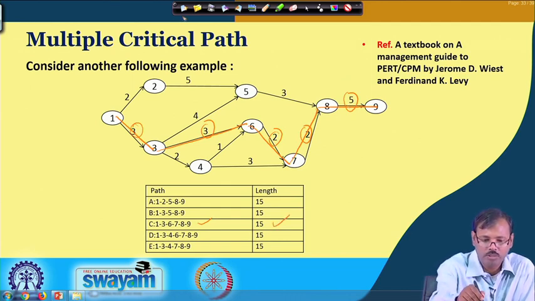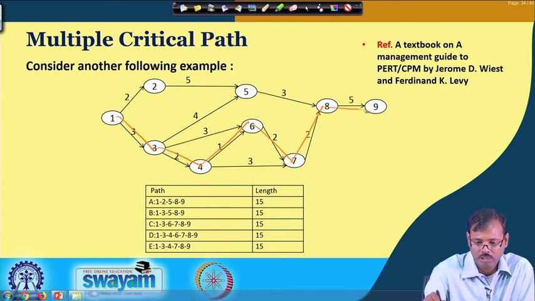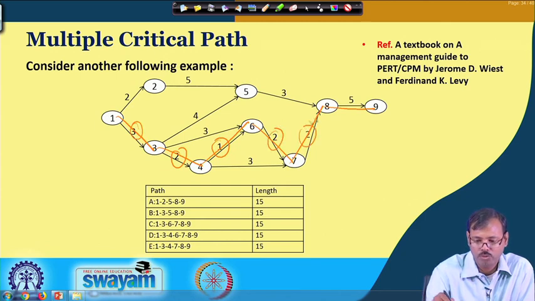So, this is 15. We can have the D path 1, 3, 4, 6, 7, 8, 9. So, this is 3 plus 2 plus 1 plus 2 plus 2 plus 5. So, 3 plus 2 is 5, 6, 7, 8, 9, 10, 15.